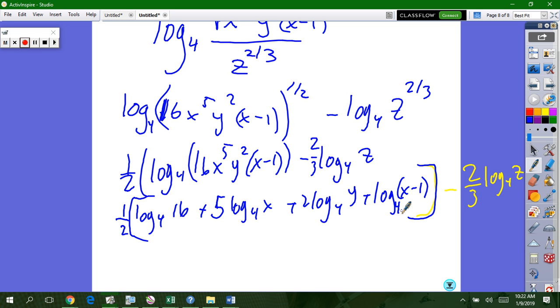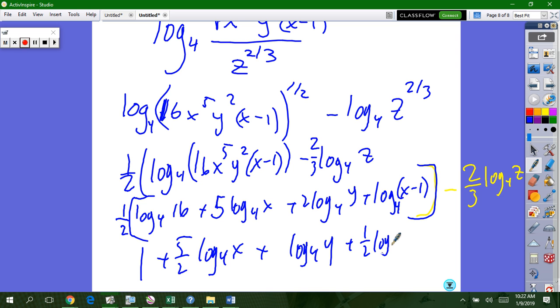Okay? Now what do we need to do with the half? Distribute it in, huh? But first off, can somebody tell me what is log base 4 of 16? 2. Log base 4 of 16 is 2. So 2 times the half is 1, plus 5 halves log base 4 of x, plus log base 4 of y, because 2 times the half is 1 again, plus 1/2 log base 4 of x minus 1, minus 2/3 log base 4 of z.